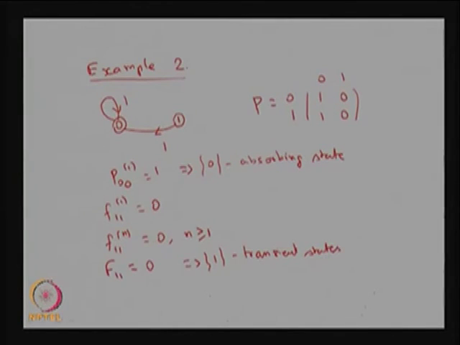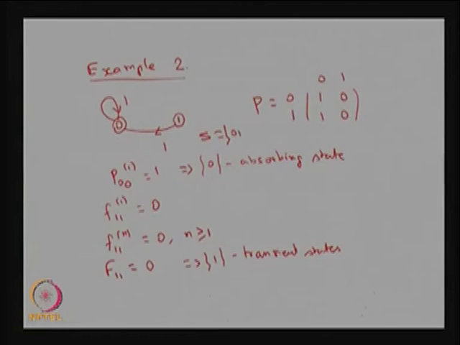Whenever for any state i, f i i is equal to 1, that state is a recurrent state, and whenever f i i lies between 0 inclusive and 1 exclusive, that is less than 1, then that state is called a transient state.